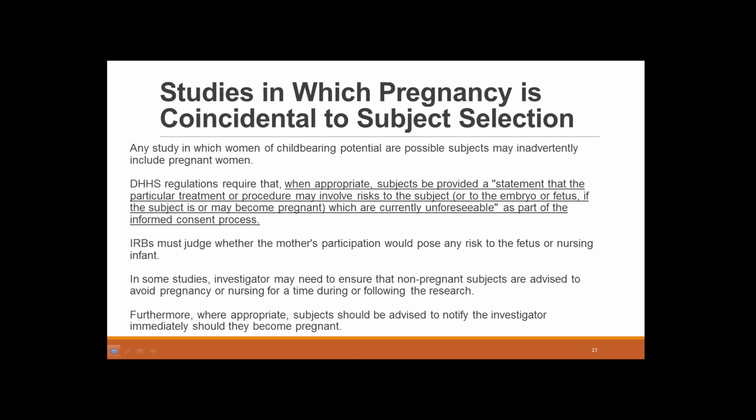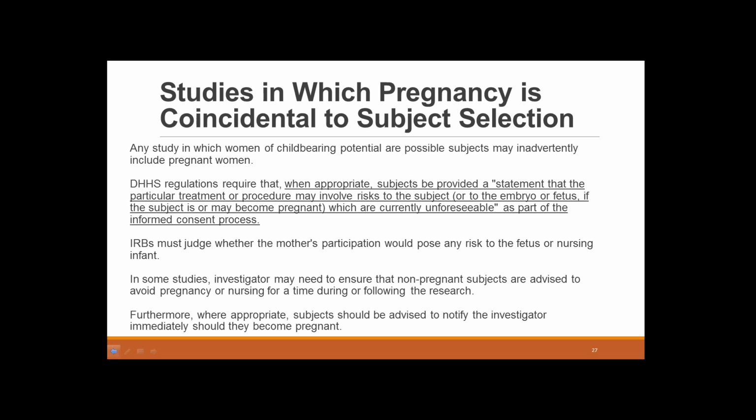You always have to put qualifiers in your protocol and your consent, because often we don't know the effect of that new drug on a person who's pregnant. So we have to address it in the protocol and consent: you take a pregnancy test before you start the study. If you're pregnant, you can't do it. You have to use birth control, and then you can list the types of birth control.